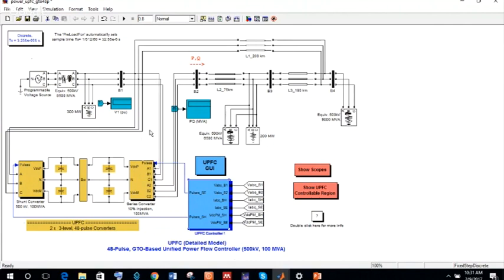Since it exchanges real as well as reactive power, the real power that is exchanged by the series converter is reflected on the DC link. Either it gets charged or discharged, or its voltage is reduced. This is where AC to DC conversion occurs, and the capacitor or DC link gets the corresponding voltages.